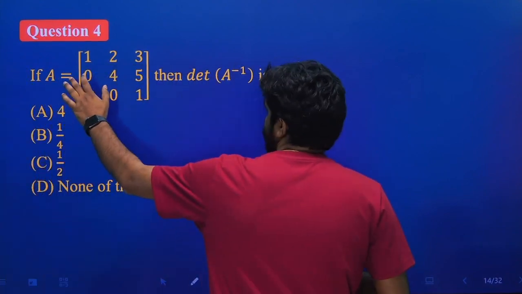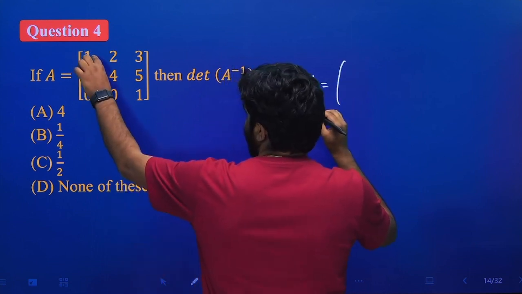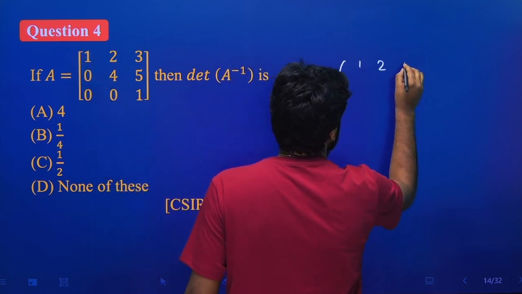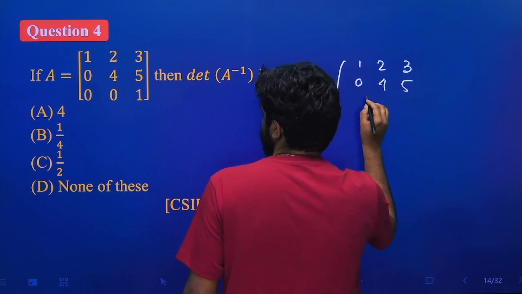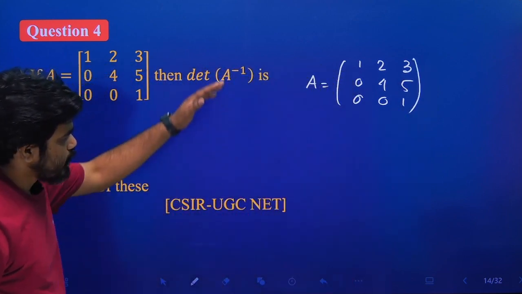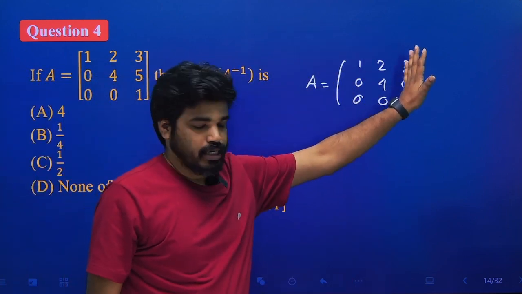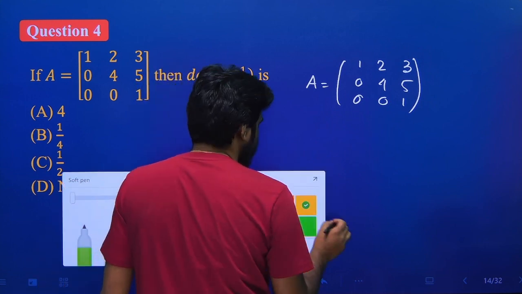Just see this problem. Here it is given that A is an upper triangular matrix, with rows 1 2 3, 0 4 5, 0 0 1. So it is an upper triangular matrix, right? So what are the eigenvalues of A?